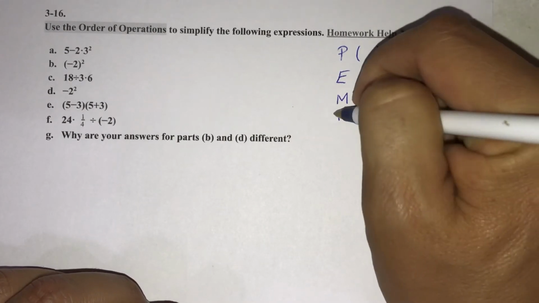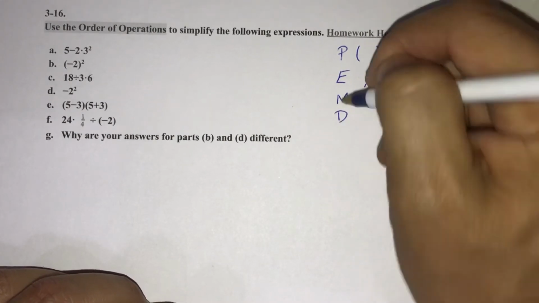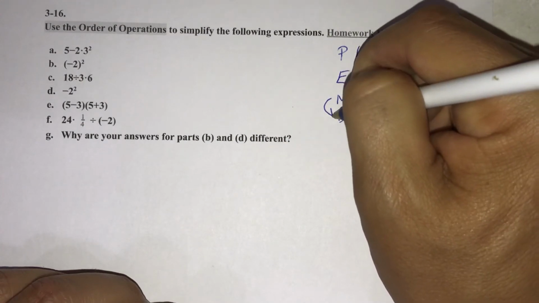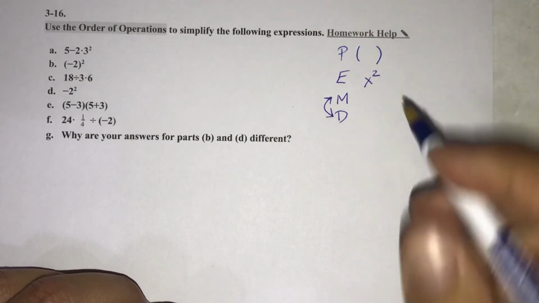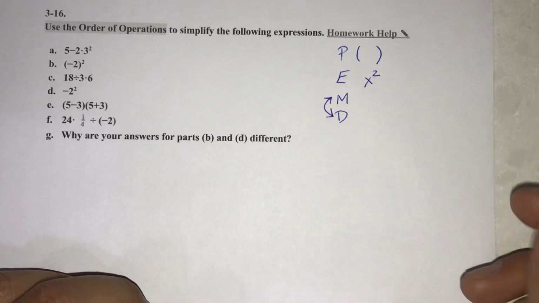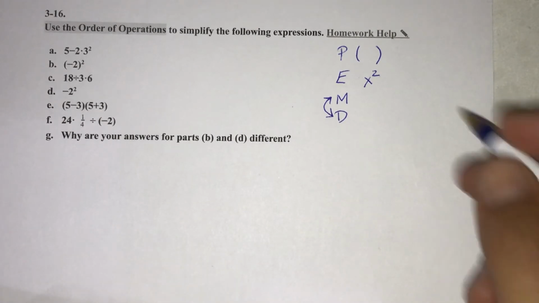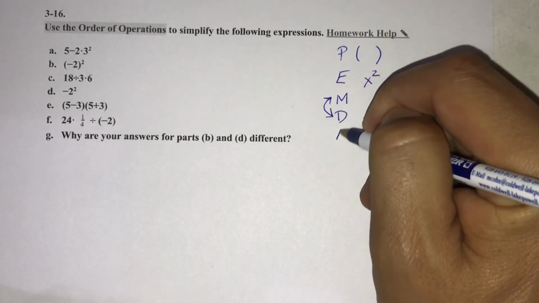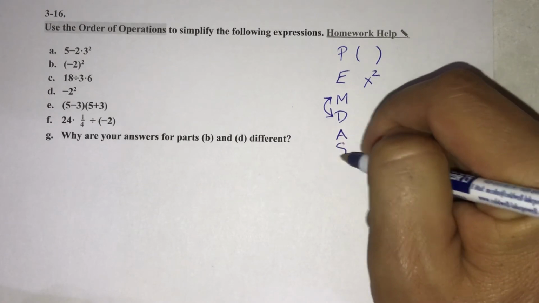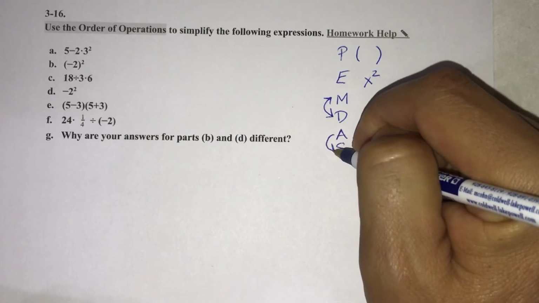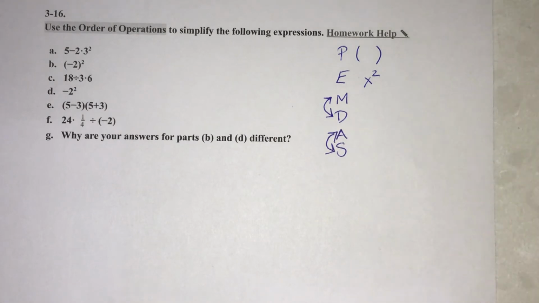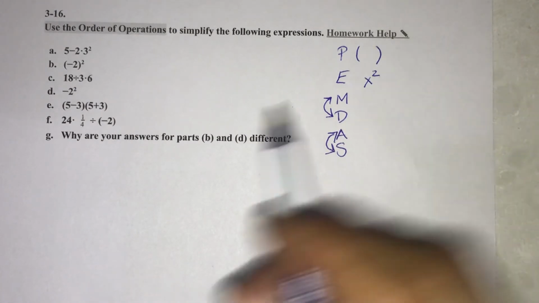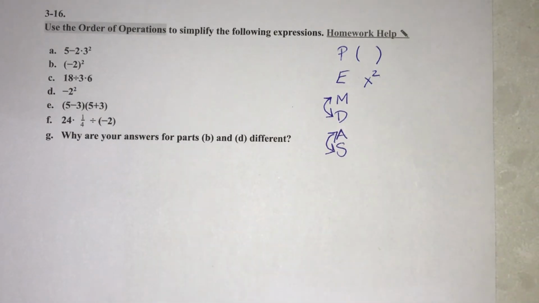M for multiplication, D for division, and remember these two are interchangeable, so whichever one we see first moving left to right, that's what we do. And then moving down to addition and subtraction, and those are interchangeable as well. So whatever appears first as you move left to right in a problem.